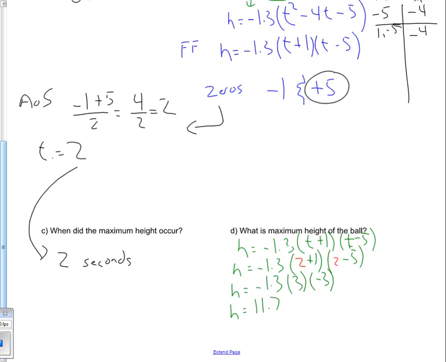Okay, so my maximum height is going to happen at 2 seconds. And so between the t value and the h value, that tells us that the vertex is actually happening at (2, 11.7). So after 2 seconds, the ball is at its maximum height, which happens to be 11.7.